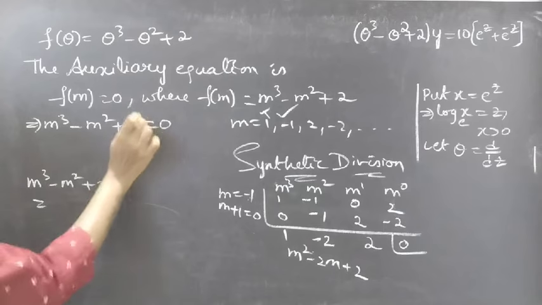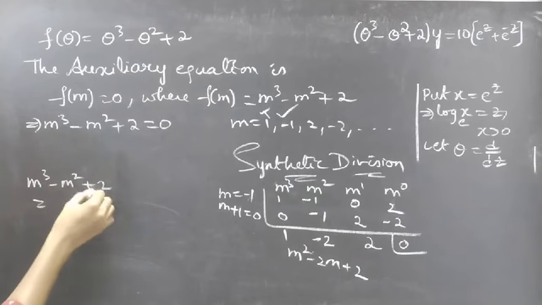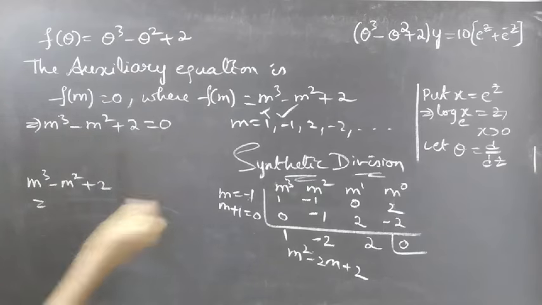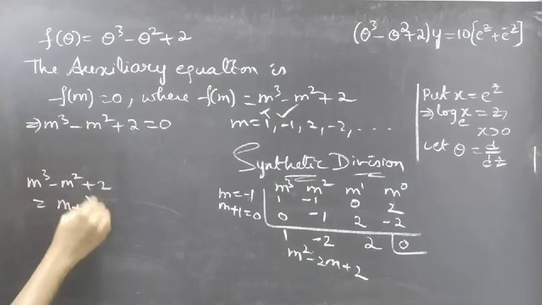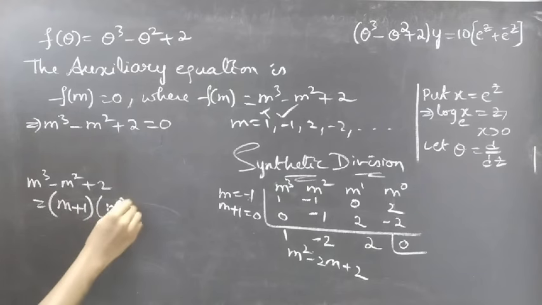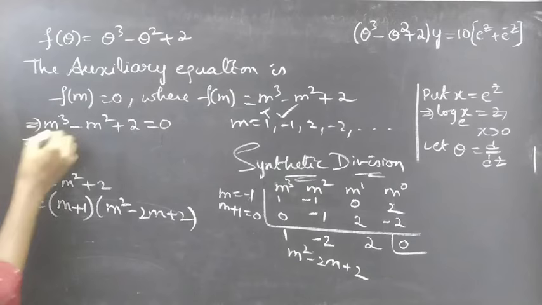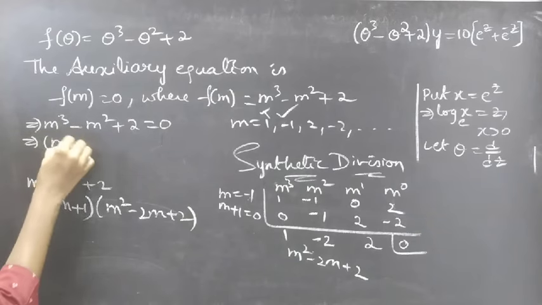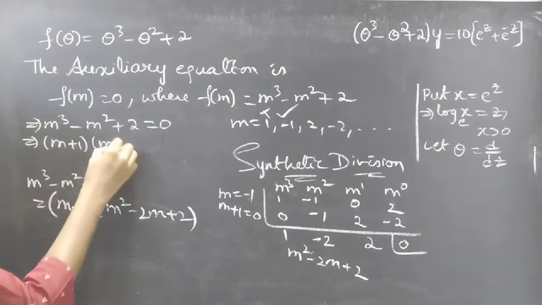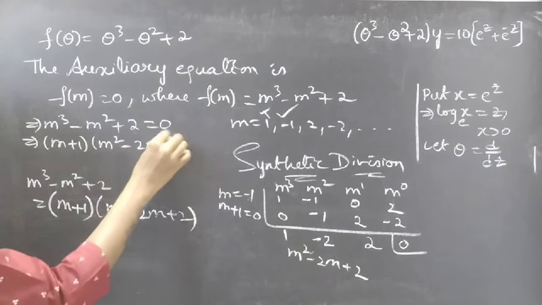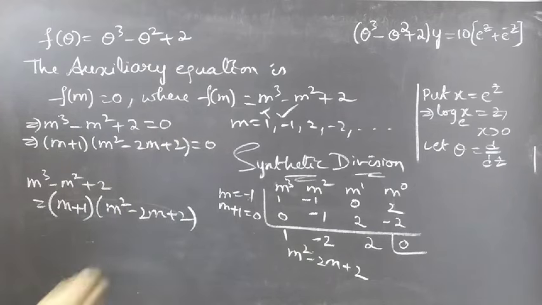So we can write m cube minus m square plus 2 as the product of m plus 1 into m square minus 2m plus 2. Okay, so we can write this equation as m plus 1 into m square minus 2m plus 2 equals 0.